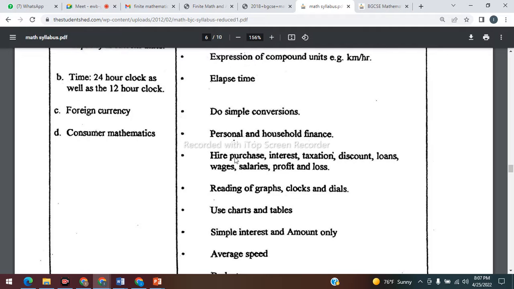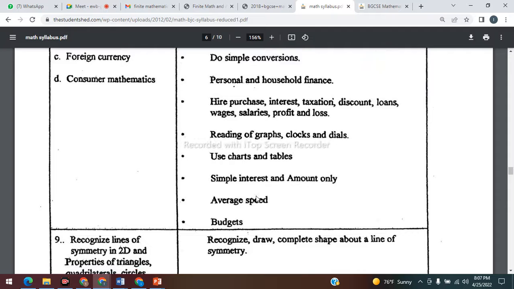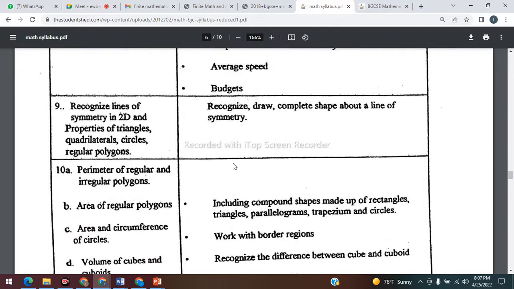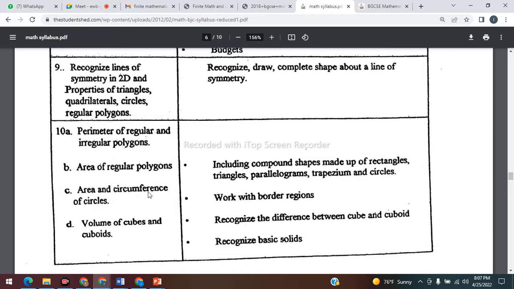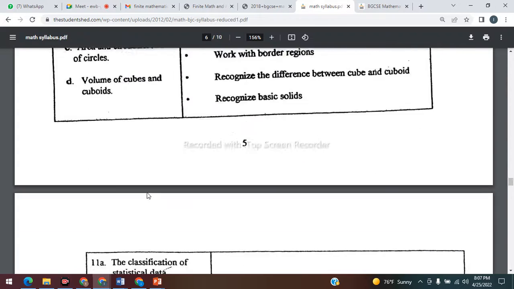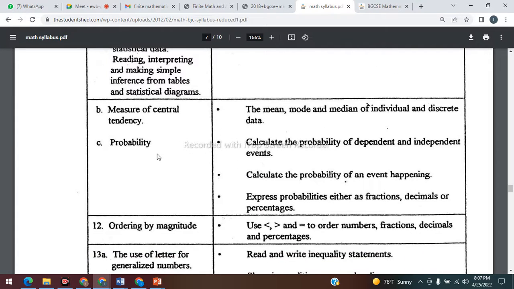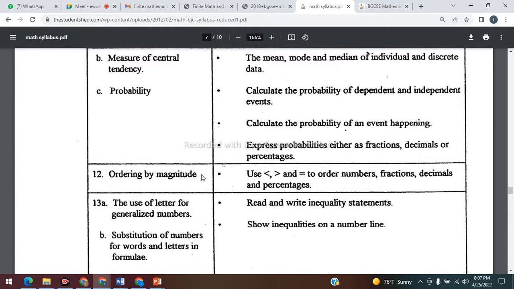Okay. Hire purchase, of course, discount, loans, salaries, profit, always. Average speed, we know that. Symmetry, for sure. Area, for sure. Circumference, for sure. These are easy stuff. Probability, magnitude, less than, greater than, equal to.